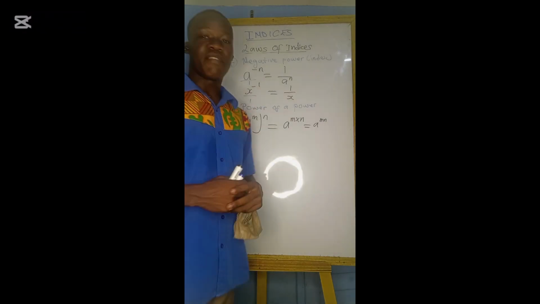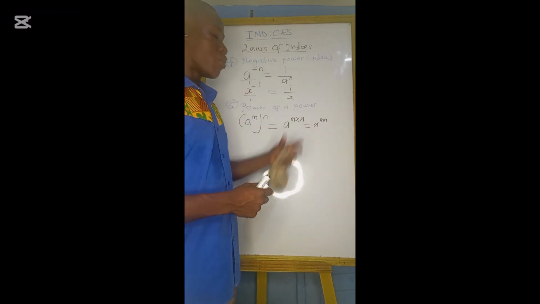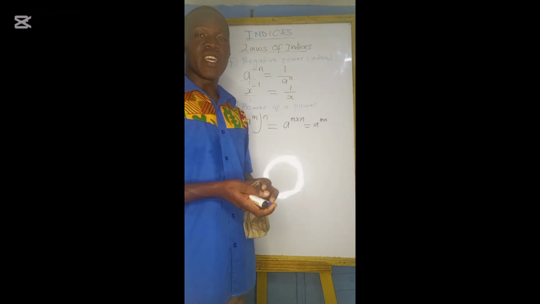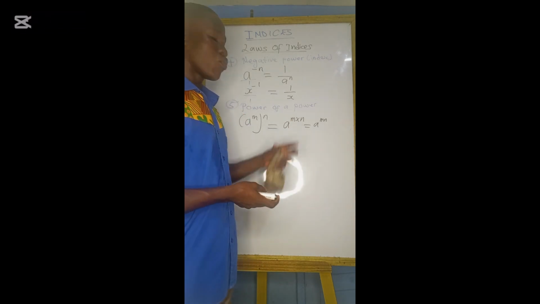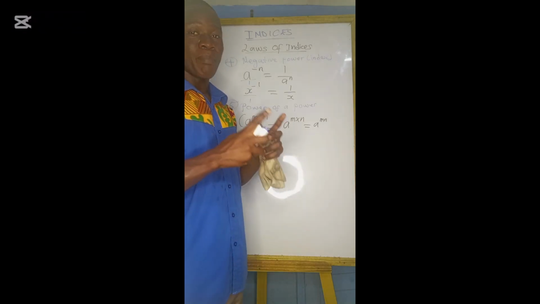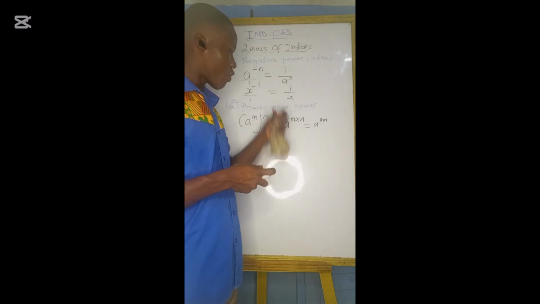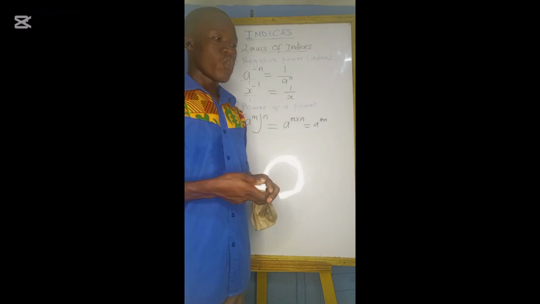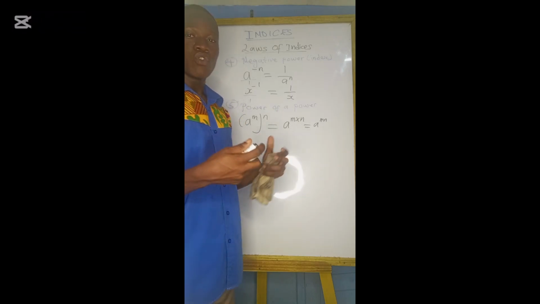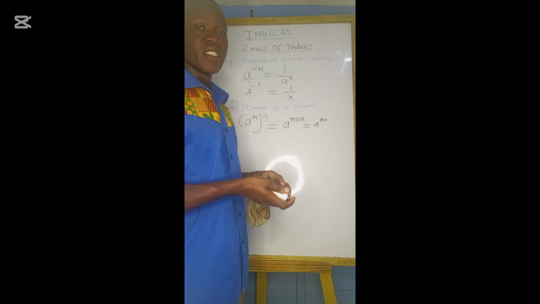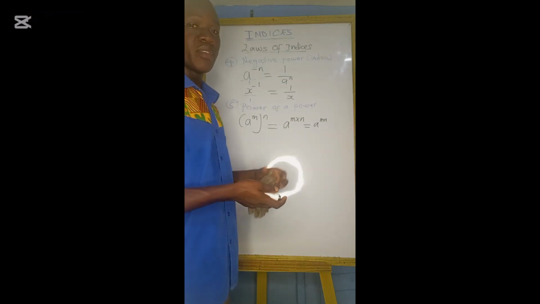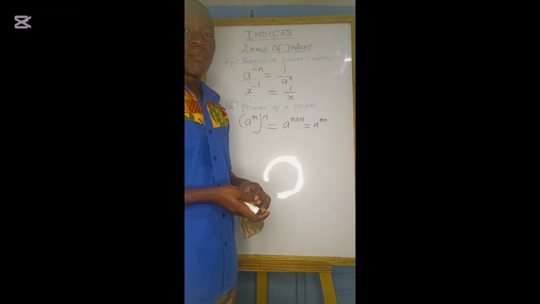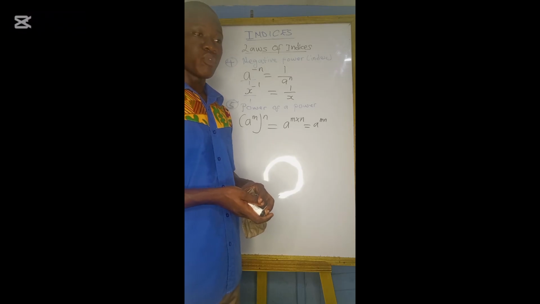So basically here are the 5 laws that we apply in solving any indices question. We are coming to look at sample questions in which we apply the laws individually to solve questions related to indices. So take note of all the laws that we dealt with from the beginning, and see how we are going to apply them when we come to solve the examples.